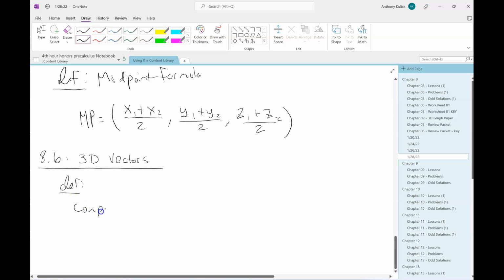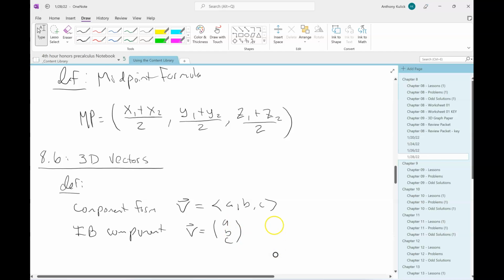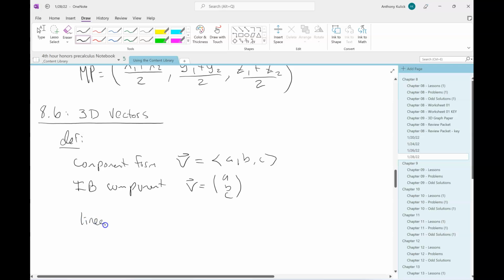So a vector in 3 dimensions, the component form is just like the IB component form, the linear combination form.